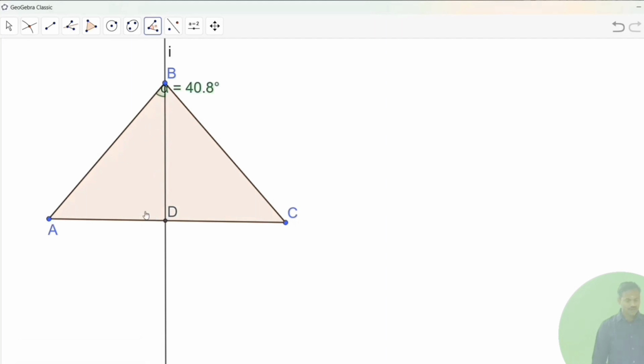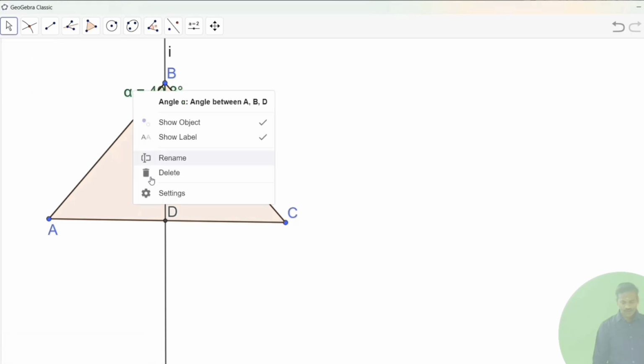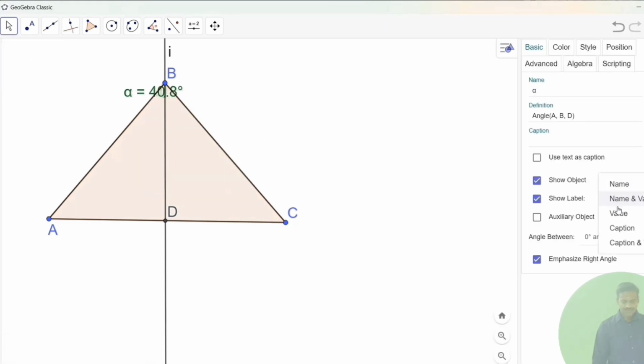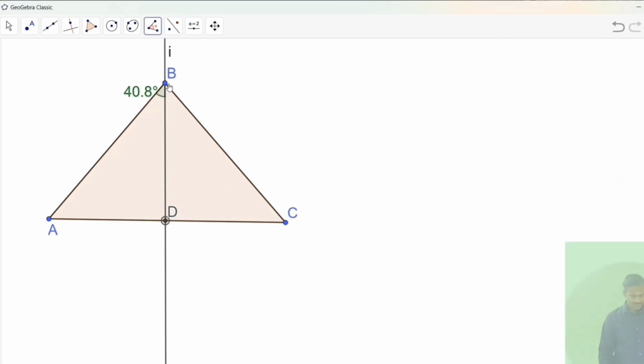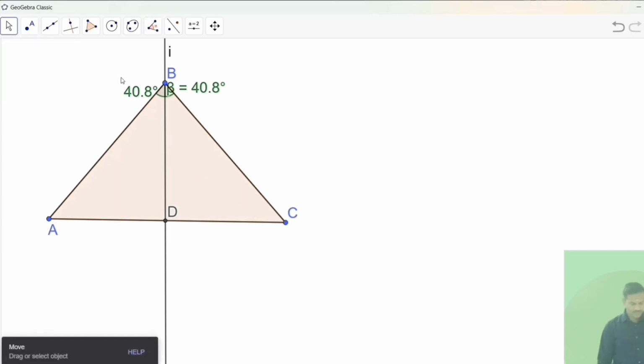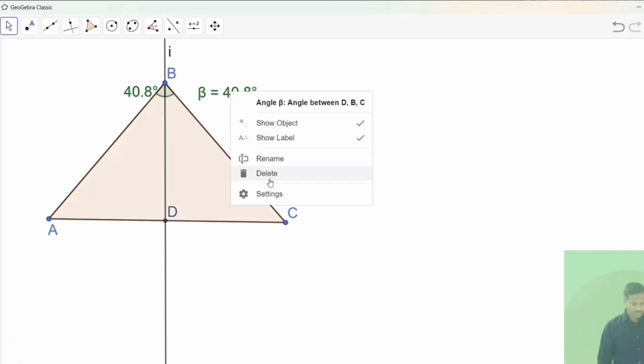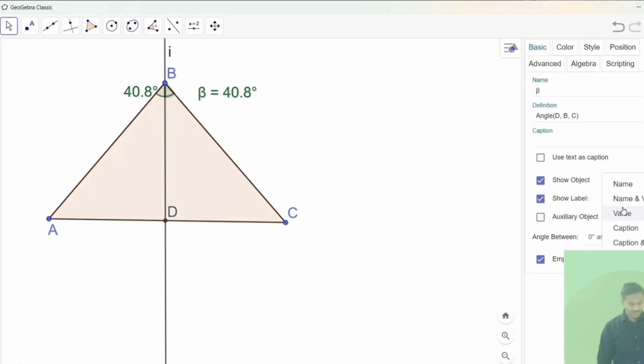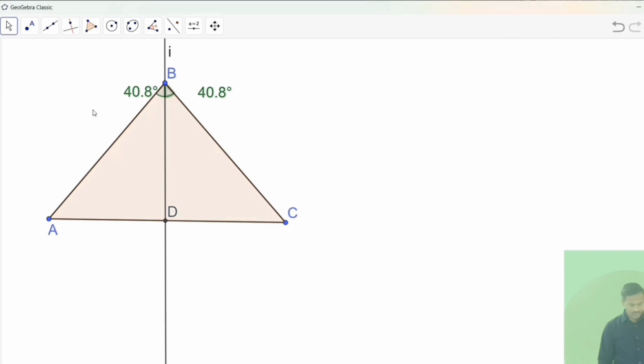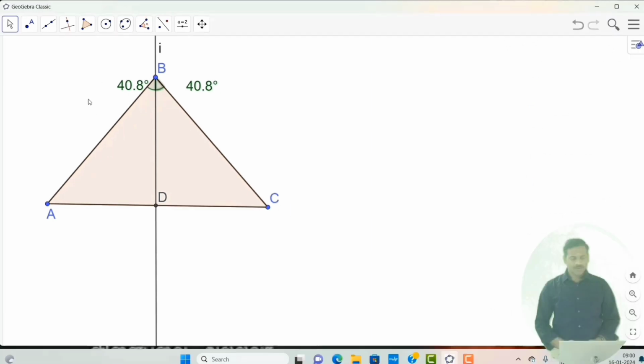So it is 40.08 degrees. Let us keep the value alone. So it is also 40.08 degrees.